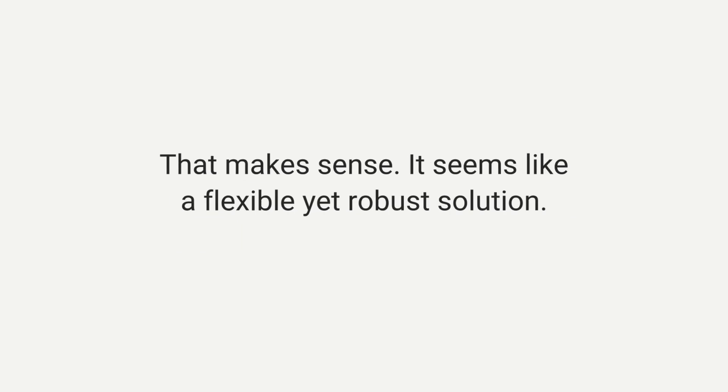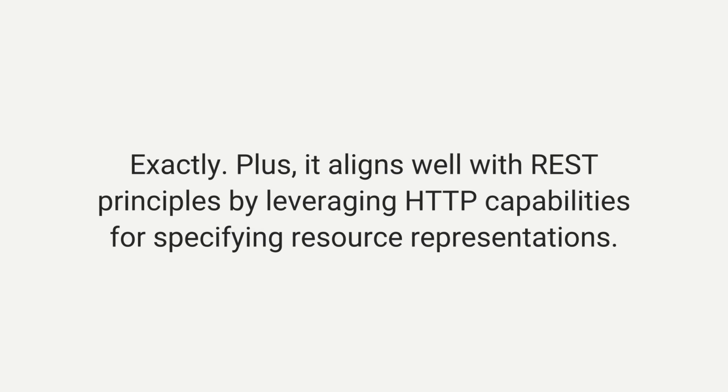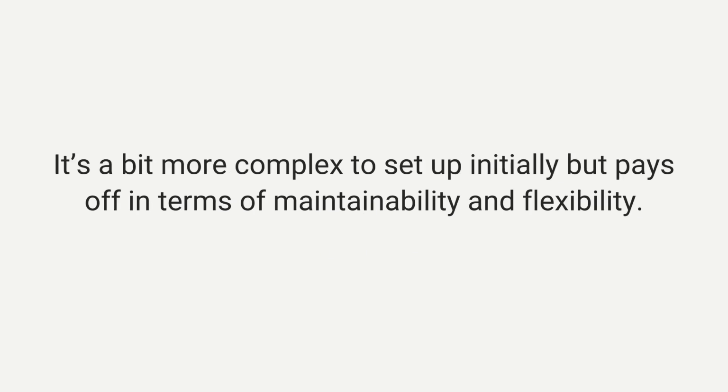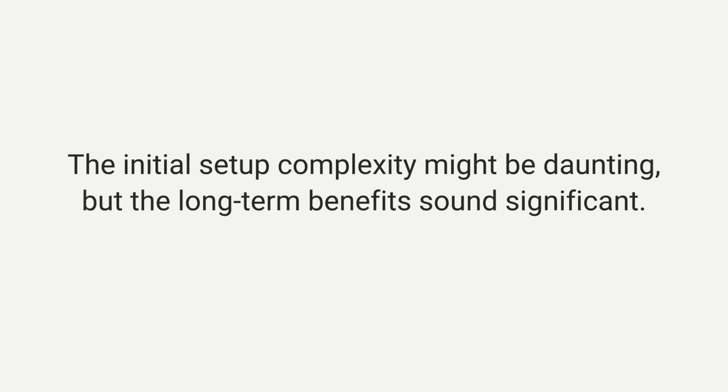That makes sense. It seems like a flexible yet robust solution. Exactly. Plus, it aligns well with REST principles by leveraging HTTP capabilities for specifying resource representations. It's a bit more complex to set up initially, but pays off in terms of maintainability and flexibility. The initial setup complexity might be daunting, but the long-term benefits sound significant.